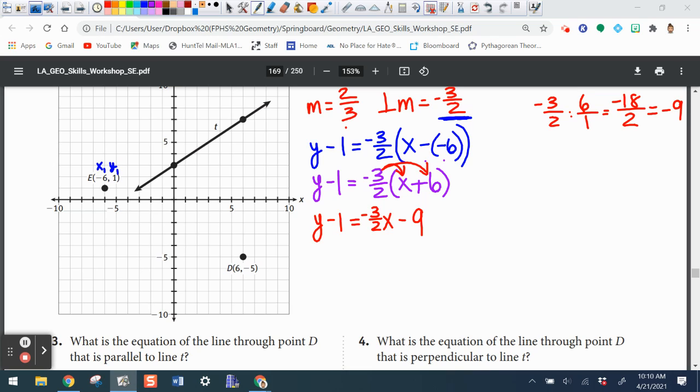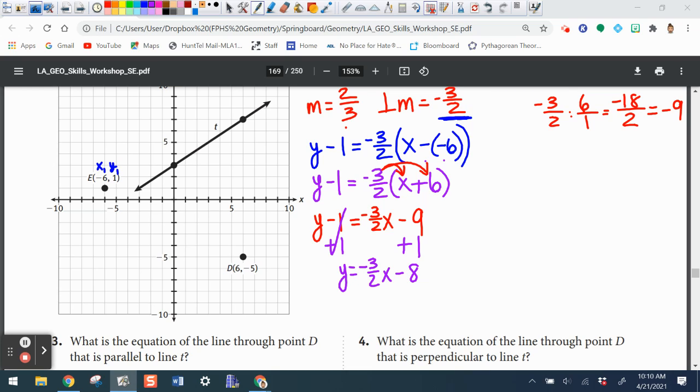Last and certainly not least, we're going to add 1 to both sides to cancel out this -1 on the left-hand side because our goal is to set it equal to y. -1 plus 1 is 0, so we're left with y equals -3/2 x minus 8, because -9 plus 1 is -8. And that is the equation for the line through point E that is perpendicular to line T.